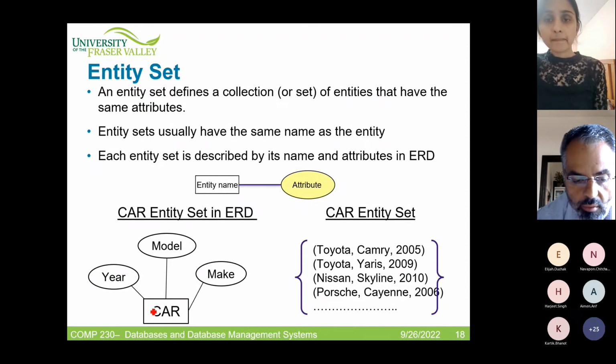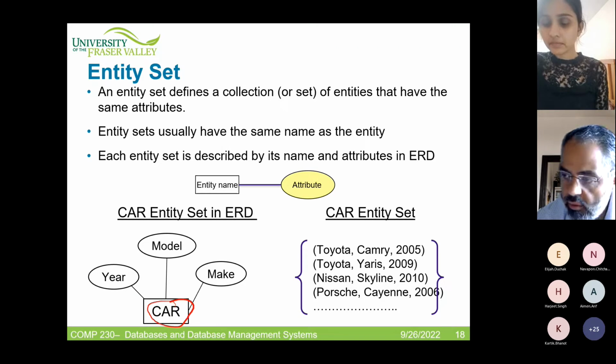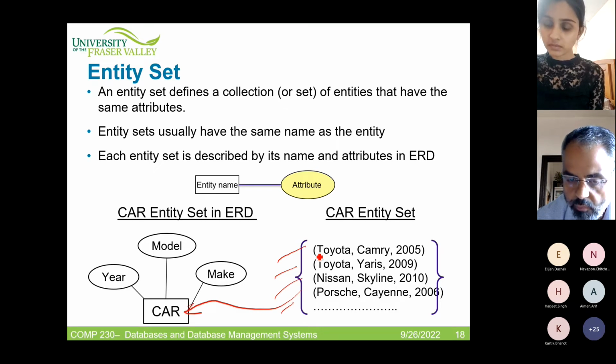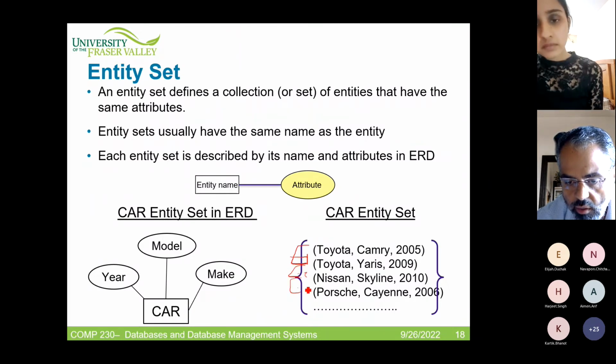Like here, the name of the entity is car. The attributes are year, model, make. So in an ER diagram, I will represent the entity set, which is the set of all instances of this entity. Like here, this is entity 1, entity 2, entity 3.